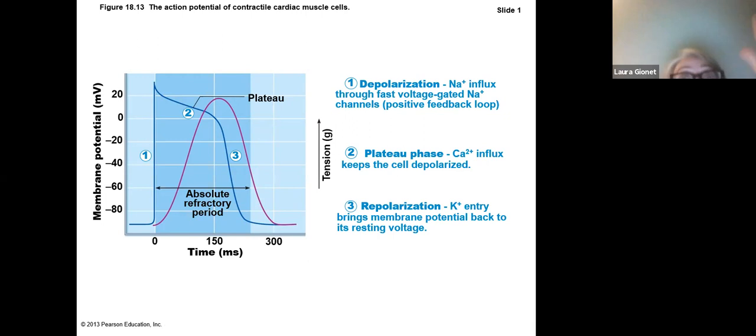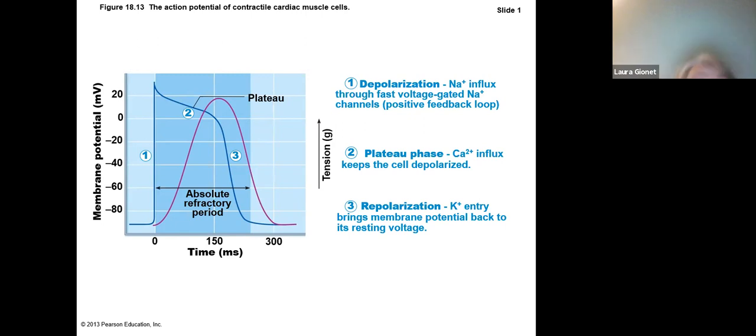And then finally, boom, that potassium gate closes, and you stop becoming any more negative. So you might stop at around negative 75 or negative 80 millivolts. And then the sodium potassium pump, 3 sodium out, 2 potassium in, restores the resting membrane potential.